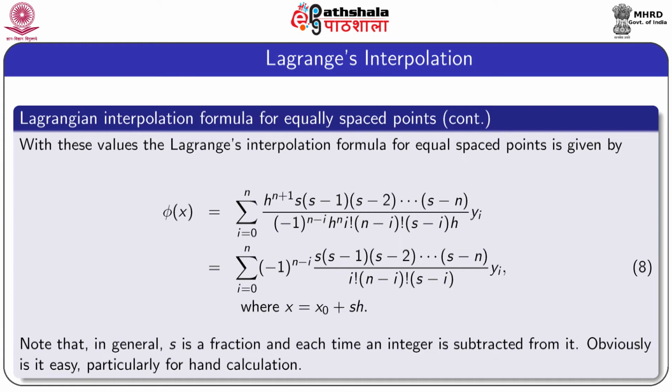After cancelling, we obtain the summation, i equal to 0 to n, of (minus 1) to the power (n minus i) into s (s minus 1) up to (s minus n), divided by factorial i into factorial (n minus i) into (s minus i), into yi, where x equals x0 plus s h. Note that this expression is simpler than the original Lagrange interpolation polynomial.